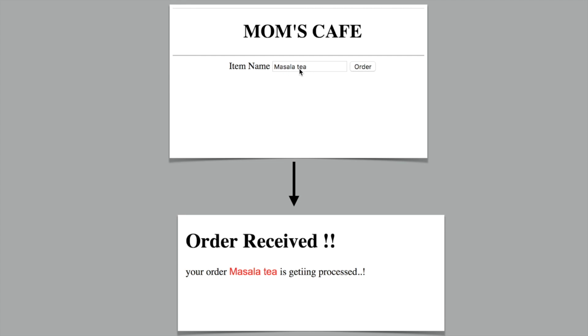We need to capture this data in our controller, keep it inside a model, and then send that model data to the next page. In this page we need to capture that data from the model object, which is whatever the user entered right here while trying to order something, right?